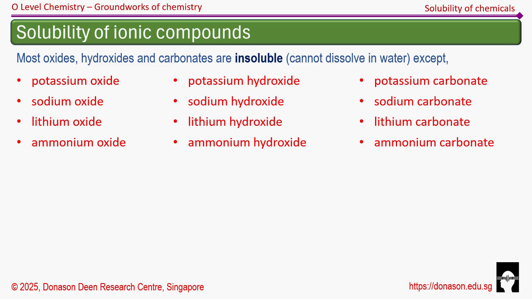For oxides, hydroxides, and carbonates, it is easier to remember what are soluble and remember the rest as insoluble. The soluble compounds are potassium oxide, hydroxide, and carbonate, sodium oxide, hydroxide, and carbonate, lithium oxide, hydroxide, and carbonate, and ammonium oxide, hydroxide, and carbonate.